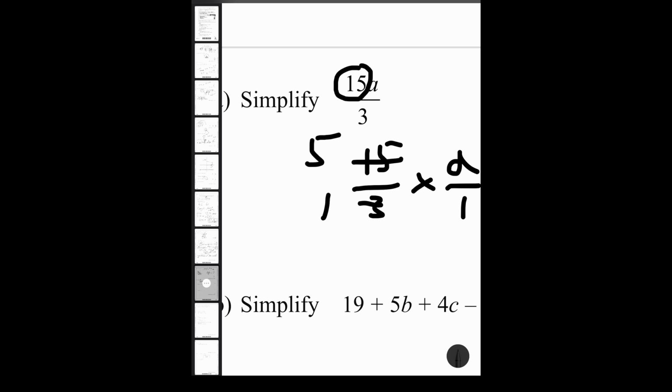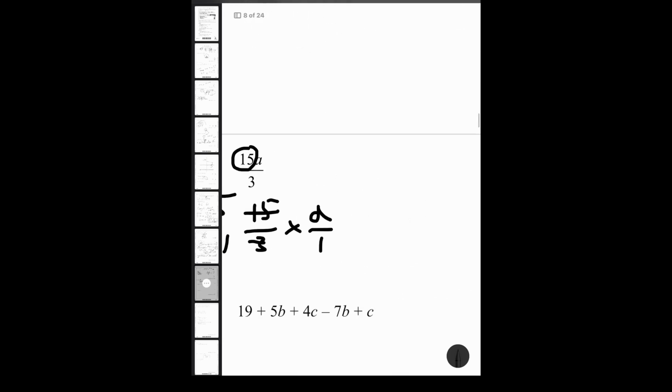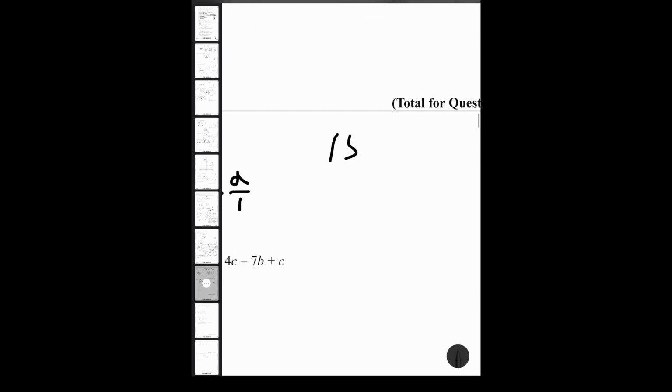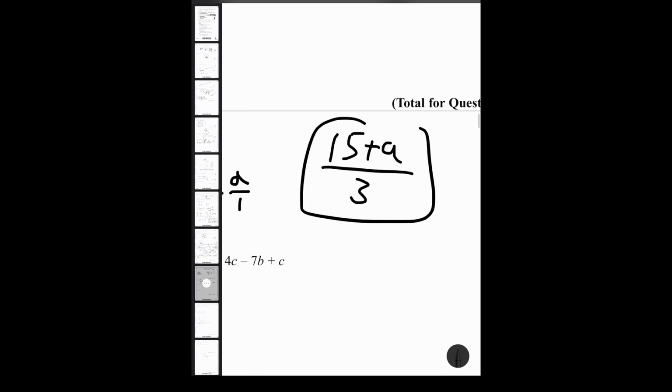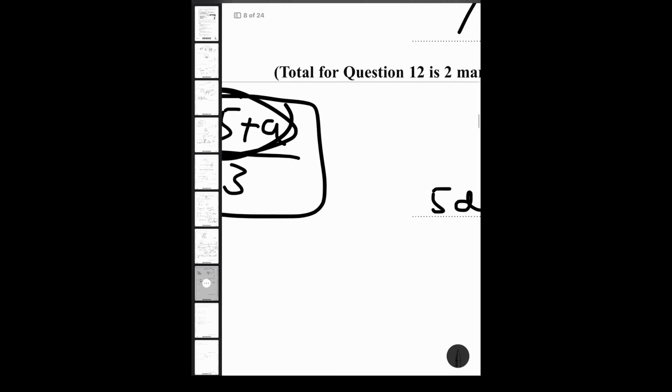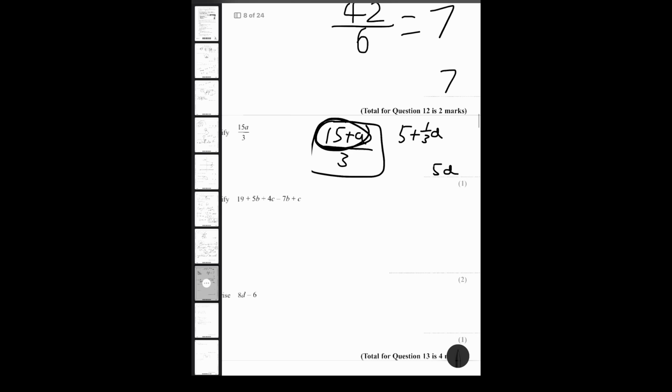Because 3 times 5 is 15. Which means it would actually just be 5a. But the situation you can't do this is if it's 15 plus a, because then the top value would be different. You'd have to do 5 plus 1 over 3a, but that looks ugly, so we don't want that, right?